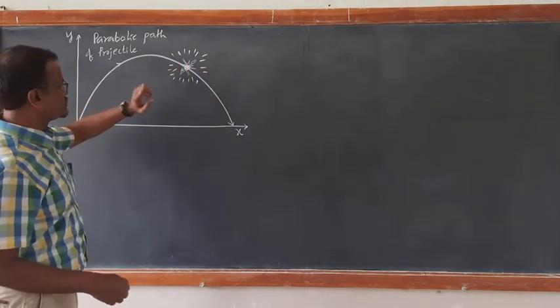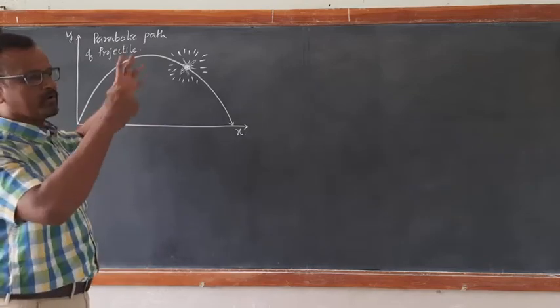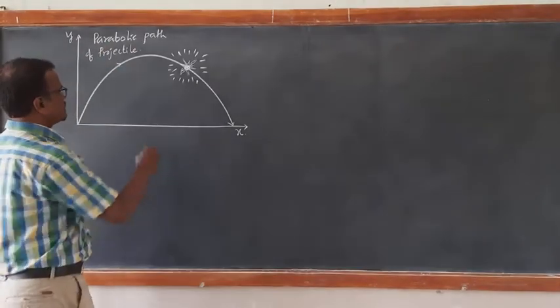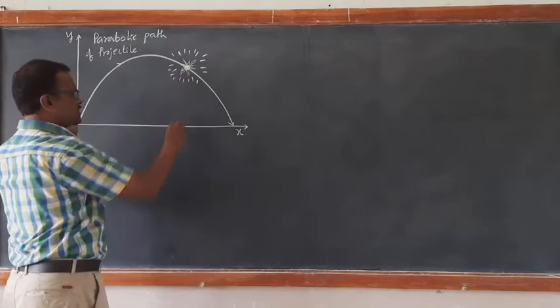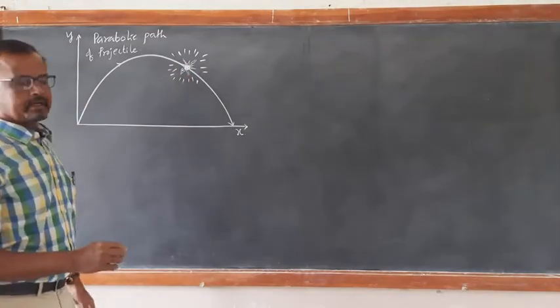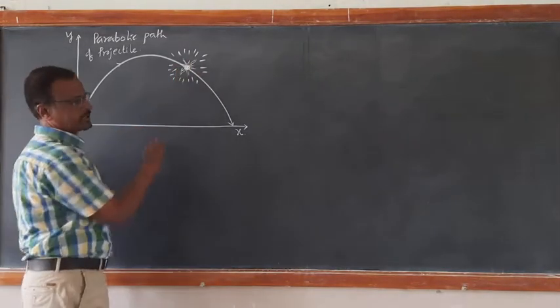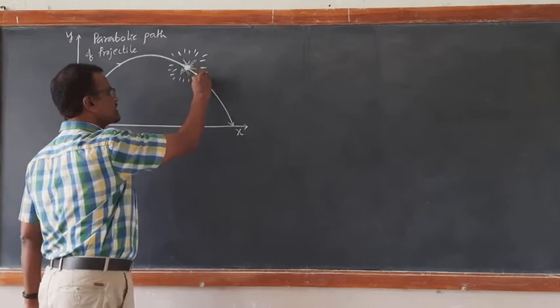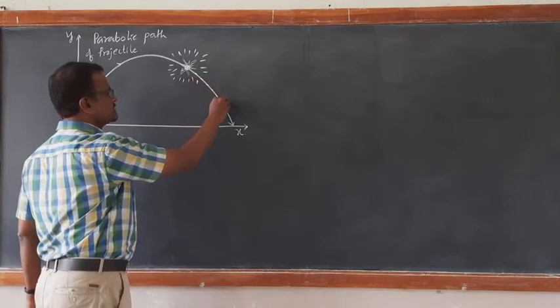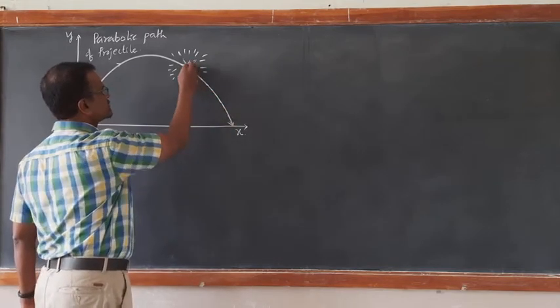When it explodes, you see the particles are blasted in all possible directions. But what happens? One particular point of this projectile continues to move in the same expected path, and that is the center of mass.